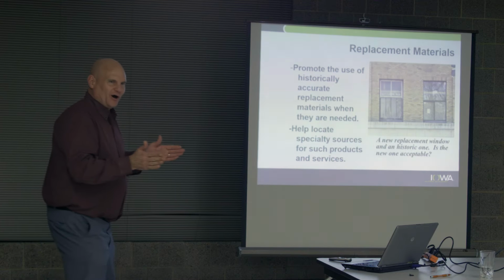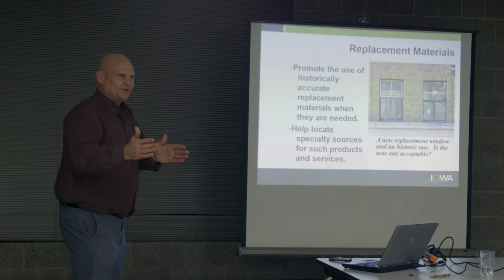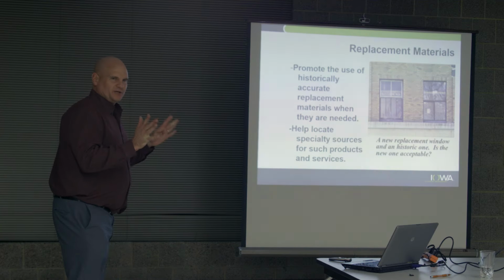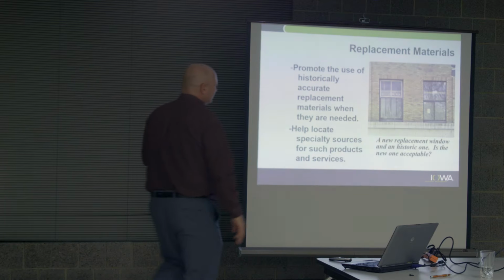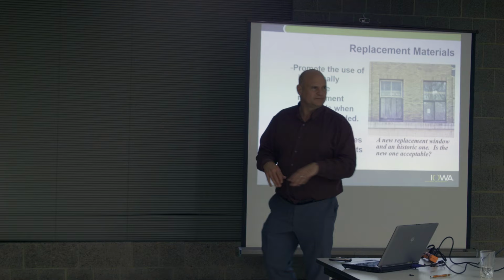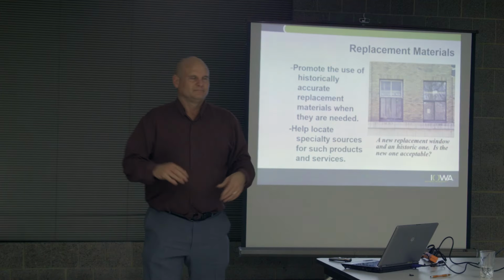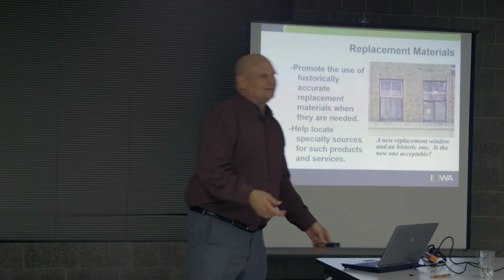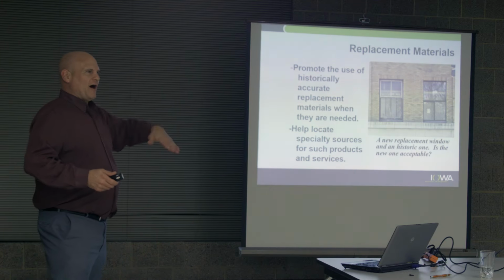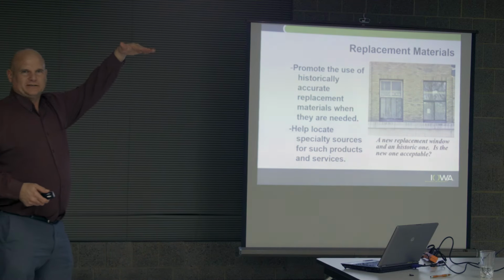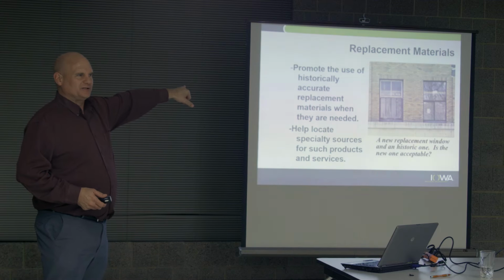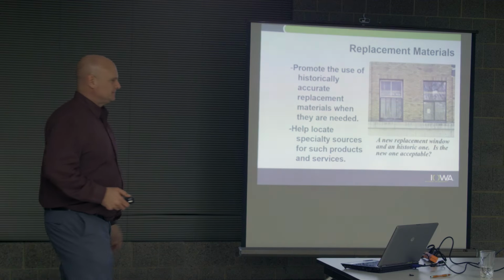How far on that continuum are you going to review these types of things? Windows are a huge deal. The building looks different with these new replacement windows. I don't care what they say, this is not quite the same thing. Should that be a deal breaker? I don't know. That's a local decision. It's like how high up are you going to raise the bar for expectations? Because you can find somebody that would make a new window that would look just like that old one.